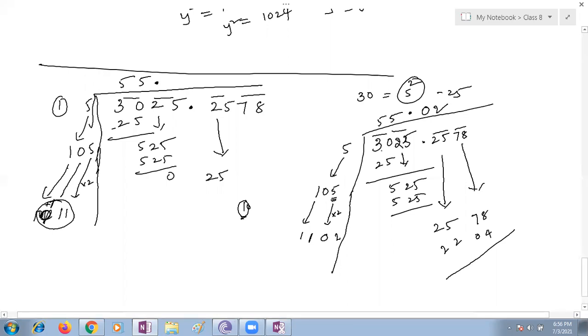Just a minute, children. Let me check whether I'm writing the number correctly or not. 30252578 is another one given. Okay, the question is asking only to group the numbers, but I'm taking it as squaring numbers.